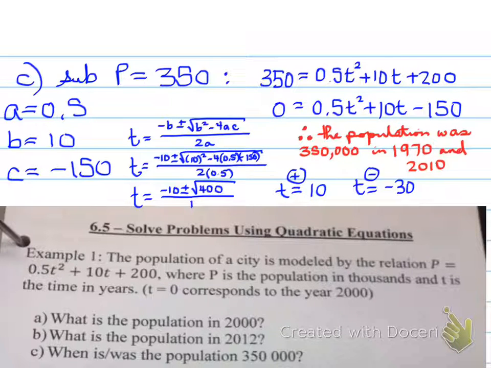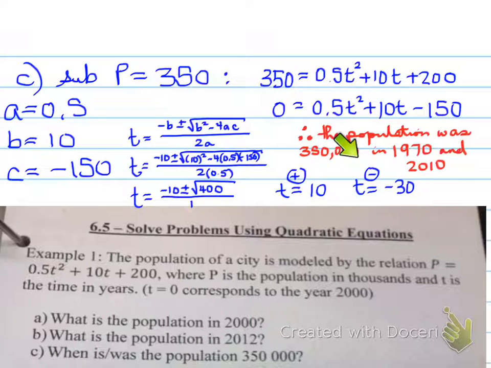Okay, so again one more time. If it's positive 10, remember, from the year 2000. That means 2000 plus 10. And then for the negative 30, you take 2000 plus negative 30, and that gives you 1970. So you got 2010 and 1970. This is when the population was that.